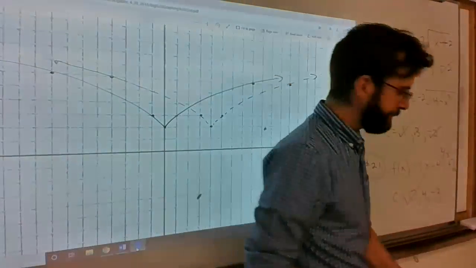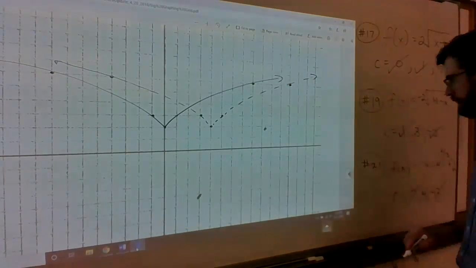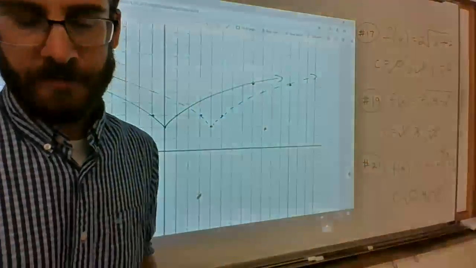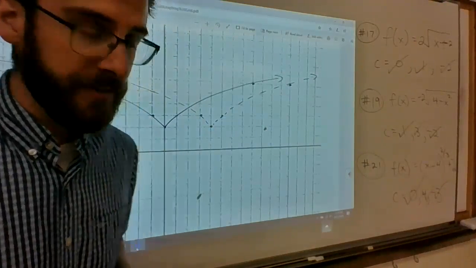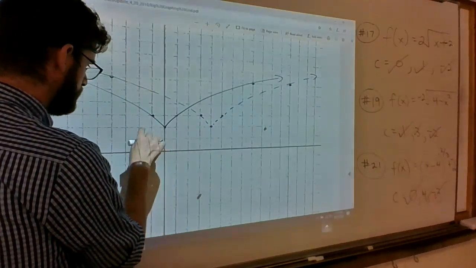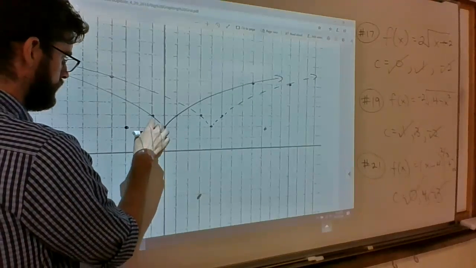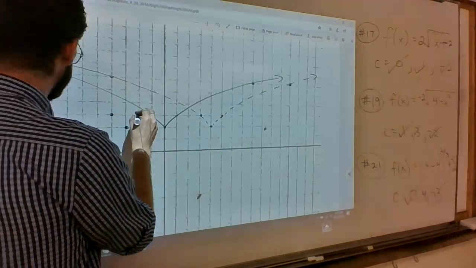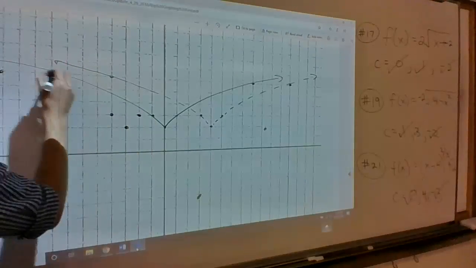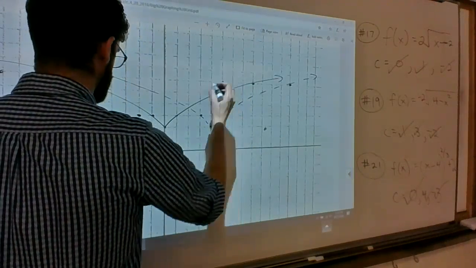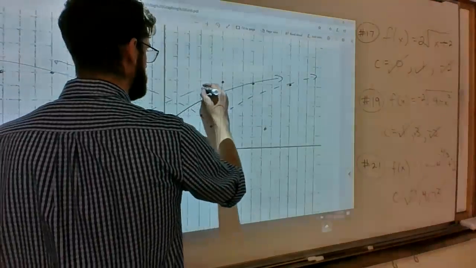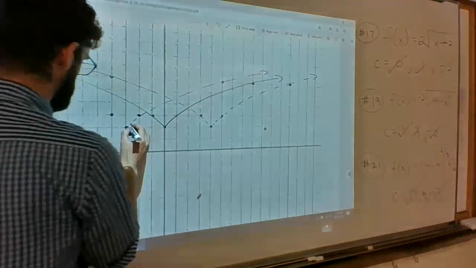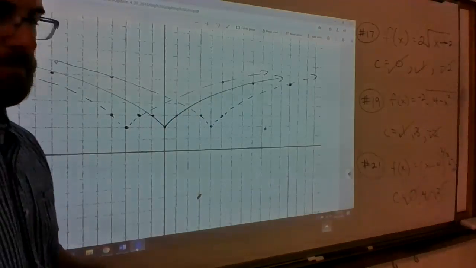And then the negative 3 shifts it left 3 units. All right, so that's that.